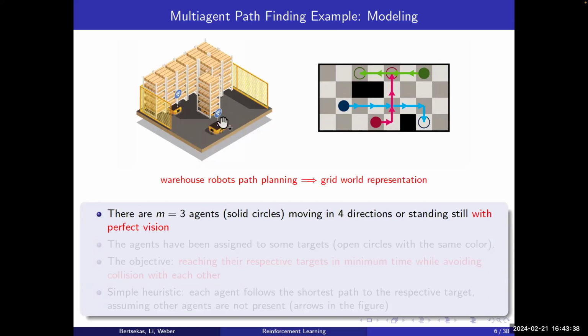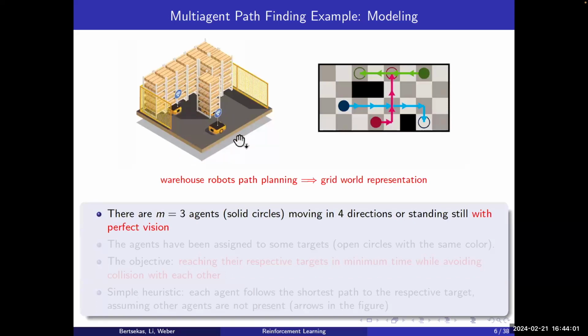And we don't deal with which robot is assigned to which target. We assume every robot has been assigned a target, and they work as a team in order to finish the task as soon as possible.